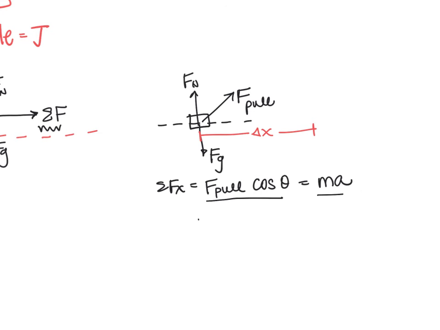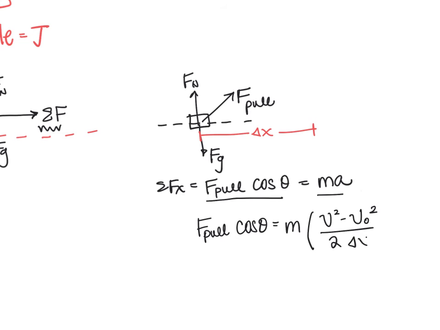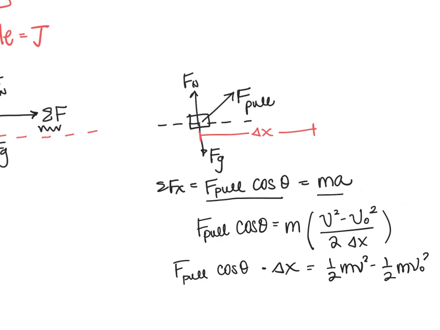And if I go back to my earlier derivation where I had force and then cosine theta, and remember the acceleration could be written as v squared minus v initial squared over 2 delta x, then your force pull times the cosine times the delta x would give us 1/2 mv squared minus 1/2 mv initial squared.